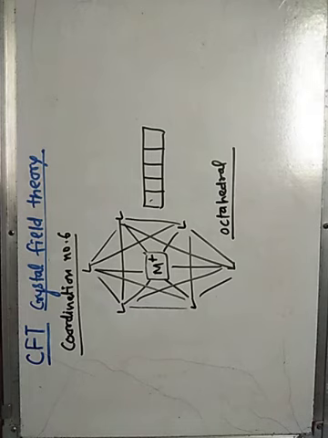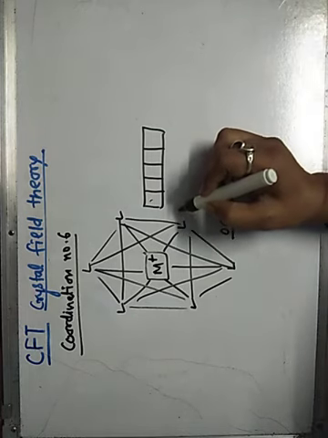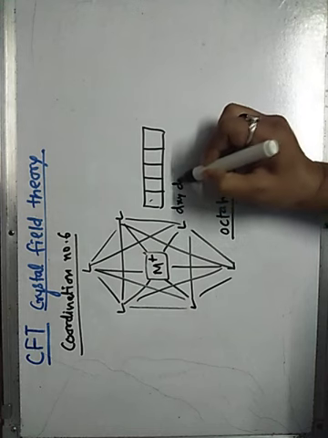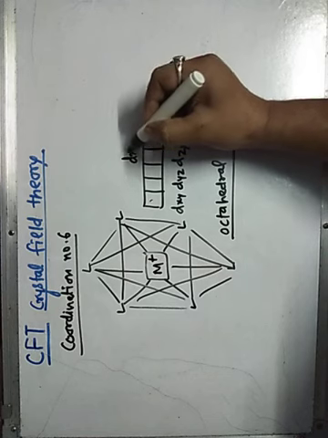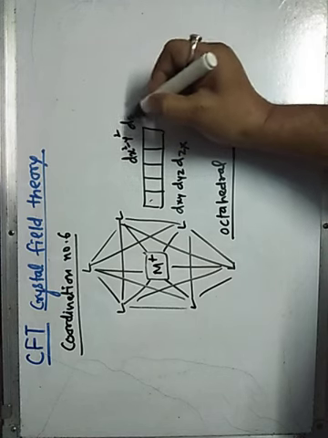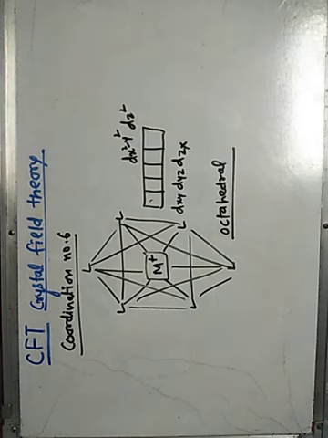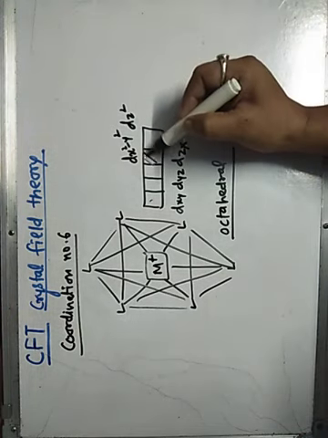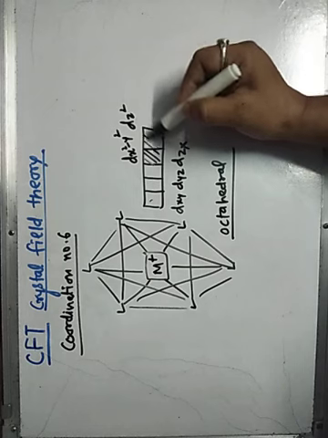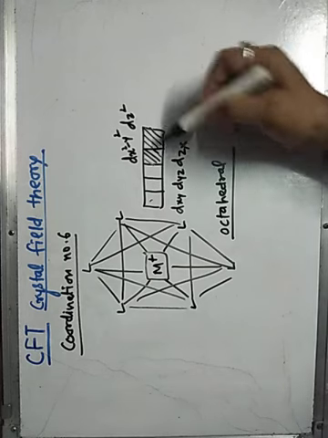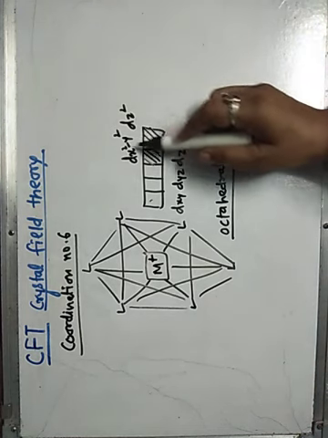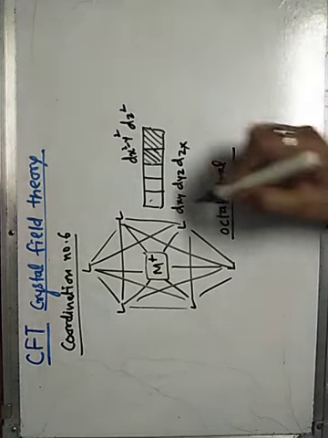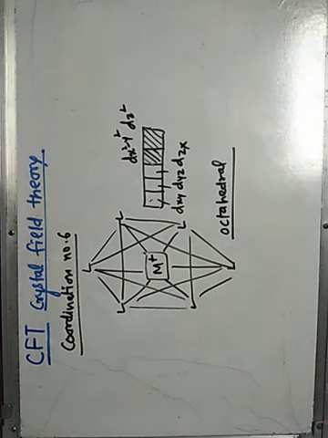The d orbitals are dxy, dyz, dzx, dx square minus y square, and dz square. I just mention here these two orbitals, dx square minus y square and dz square, and the rest of these three are dxy, dyz, dzx.